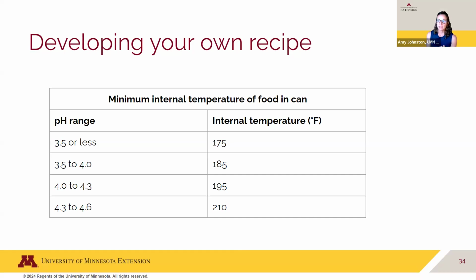Again, that time is going to depend on the type of food. A lab is going to help you conduct what's called a heat penetration test, so you're able to measure when that slowest point to heat in the jar reaches the required temperature based on that pH.